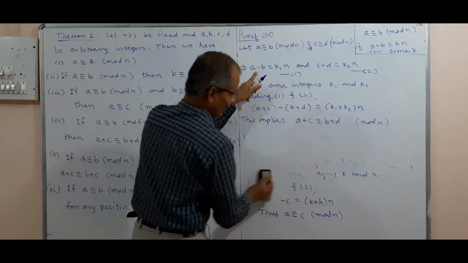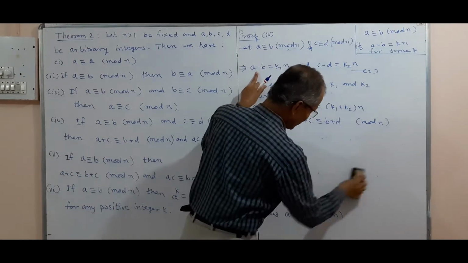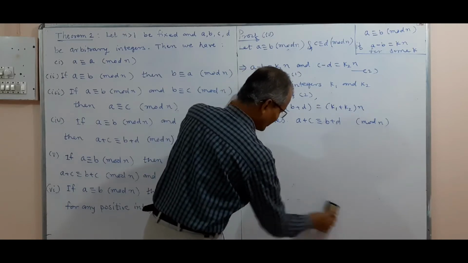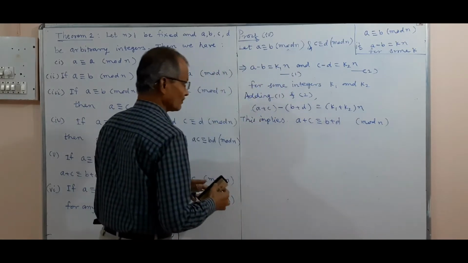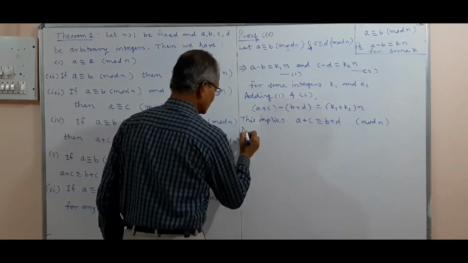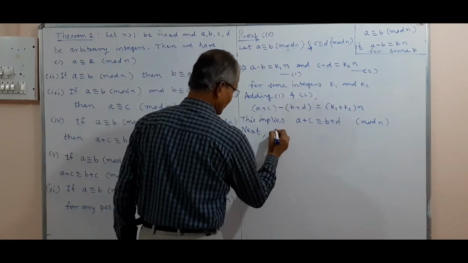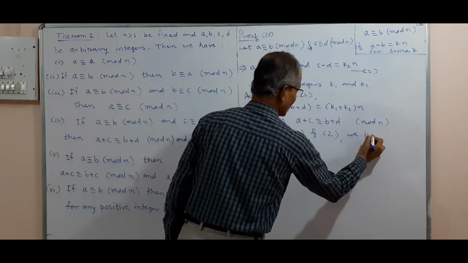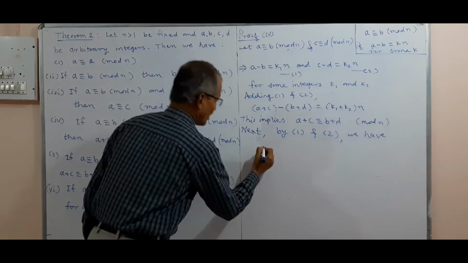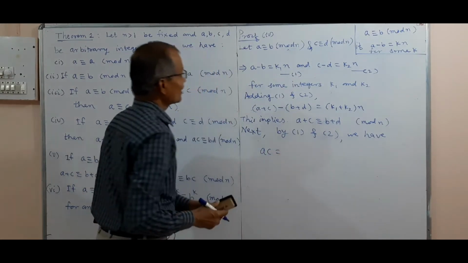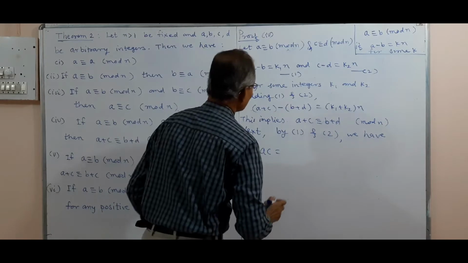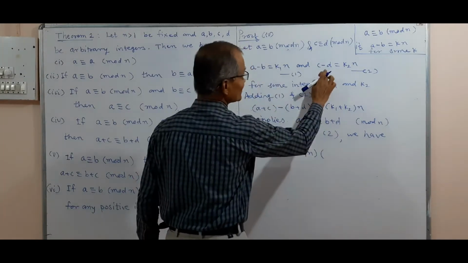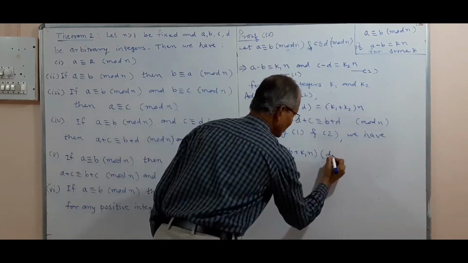A will be, transferring B to the right side, minus B becomes plus, and thus from 1 and 2 we can write A into C. By 1 and 2, we have A into C is equal to, A is B plus k1 times n, and C from this is D plus k2 times n.